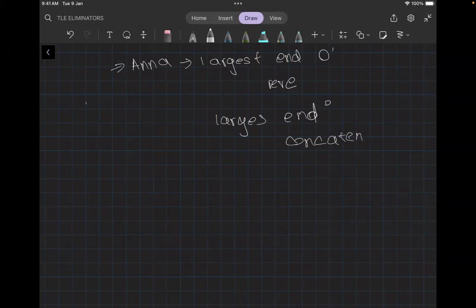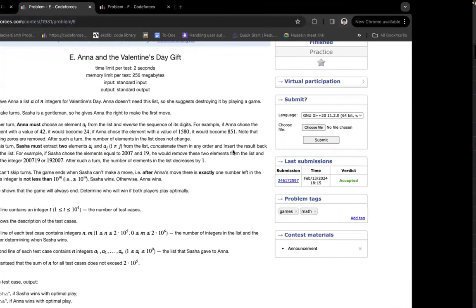So if you look at it, Anna picks the element with the largest number of zeros. Then Sasha picks the element with the second largest number of zeros. Then Anna picks the element with the third largest number of ending zeros. Then Sasha again picks the element with the fourth largest number of ending zeros, and so on and so forth.